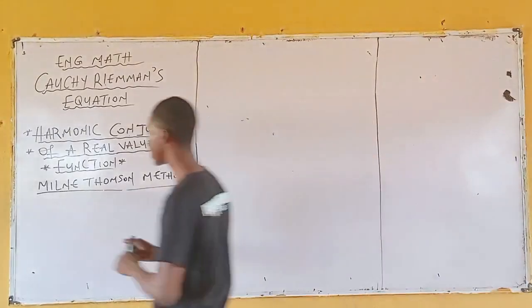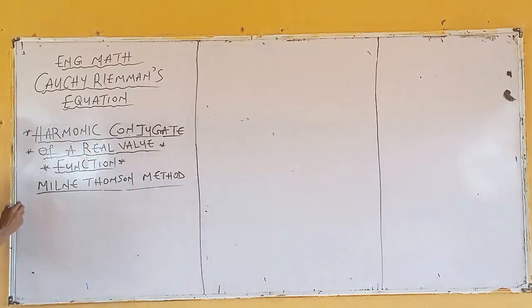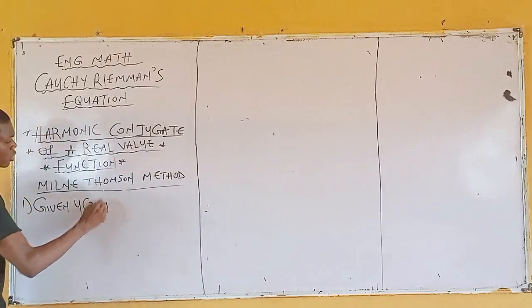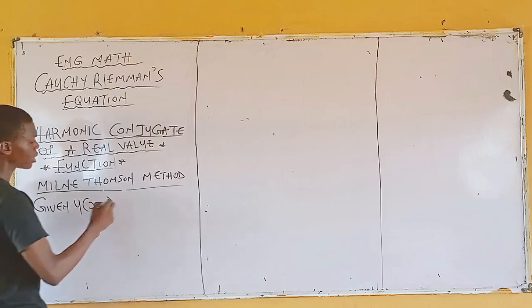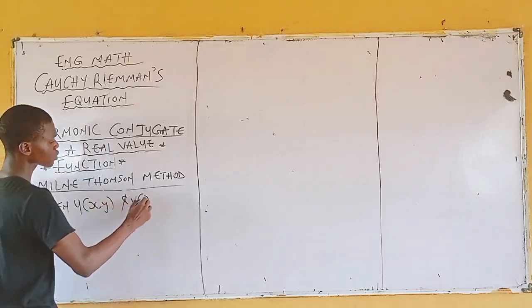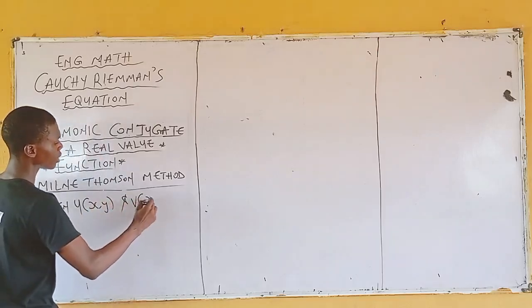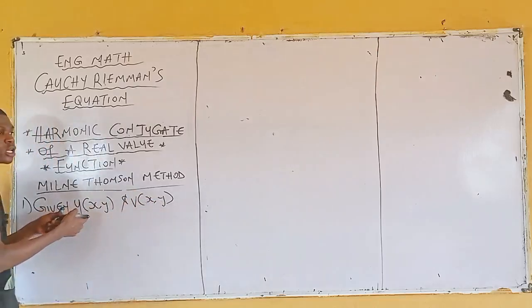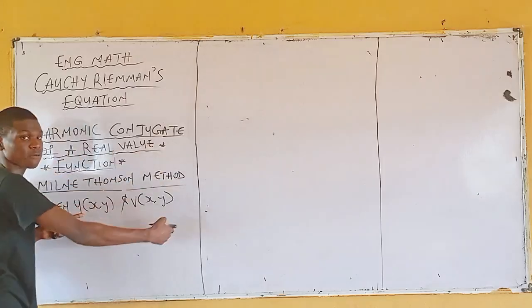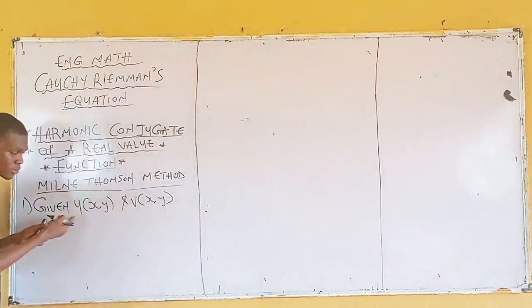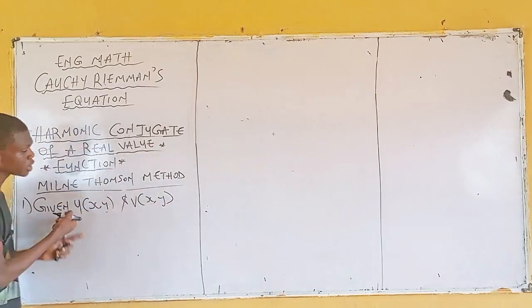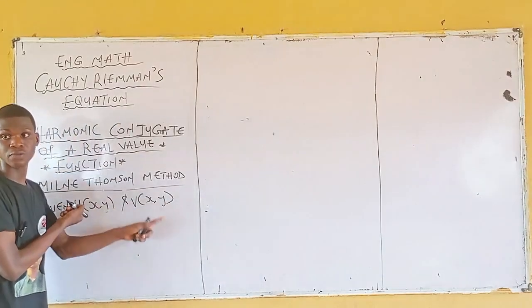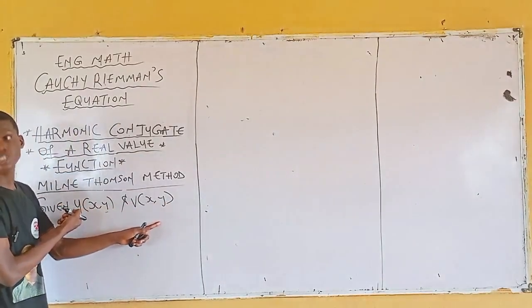Alright, the first step: given u as a function of x and y, and v as a function of x and y. This is what we'll be given. Given this, you have to find the imaginary function, right? Let's say you are given this real value function, meaning you have to find the imaginary part, which is the conjugate.